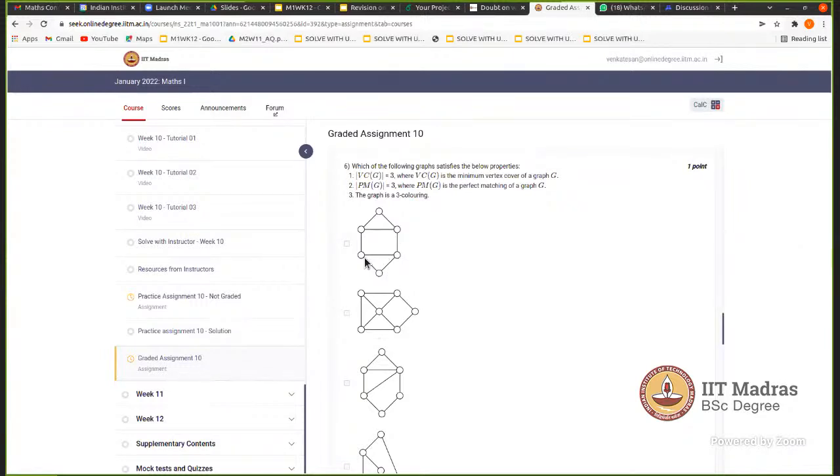I should take this edge. So I can take this edge, and this edge. 3 edges, and these 3 edges cover all the 6 vertices. If it is covering like that, then it will be a perfect matching. So a perfect matching should cover all the vertices.